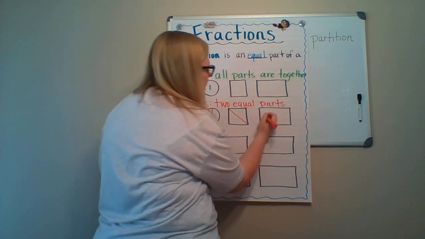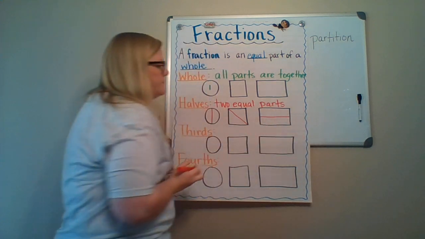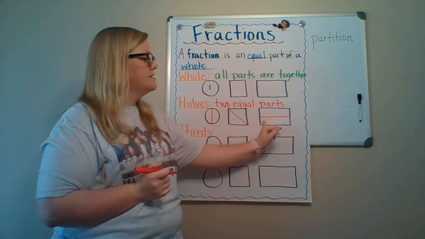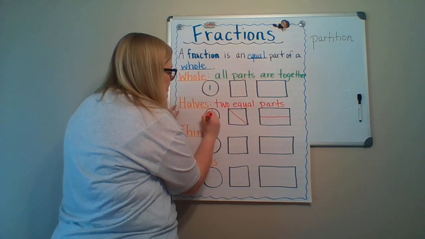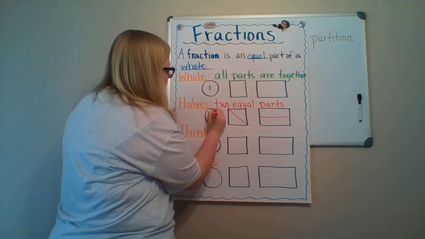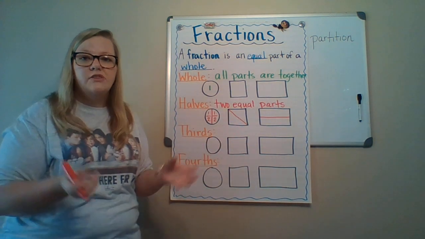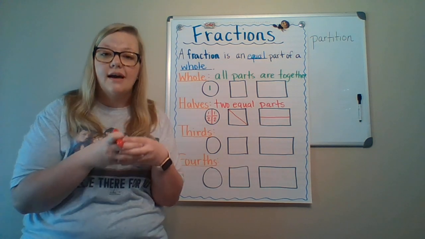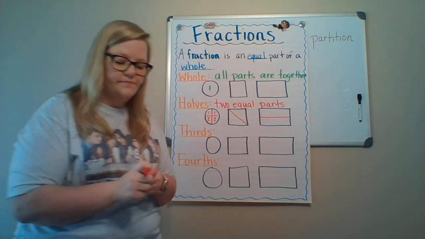And we could also divide it into 2 equal parts like this, because this part is equal to this part. This is 1/2 of the circle, and this is 1/2 of the circle. When you put the 2 pieces together, they become a whole. But if it's just one of them, it's 1/2.